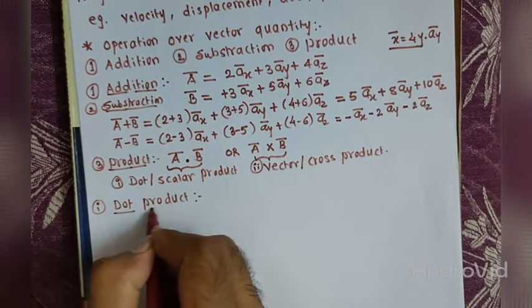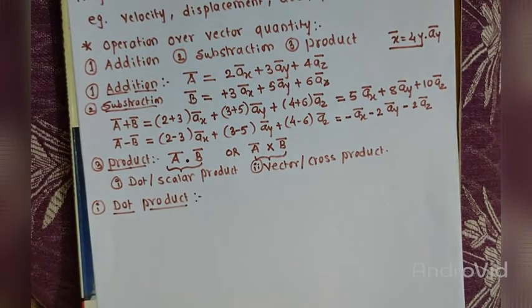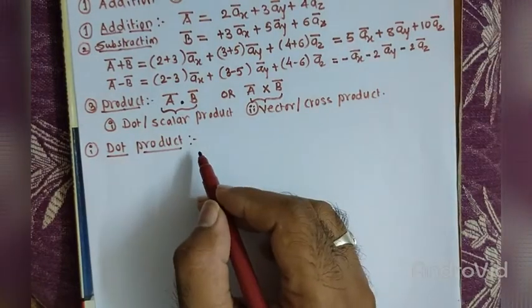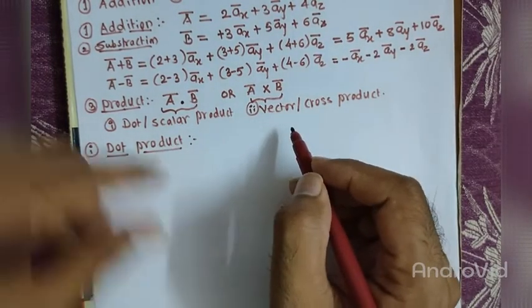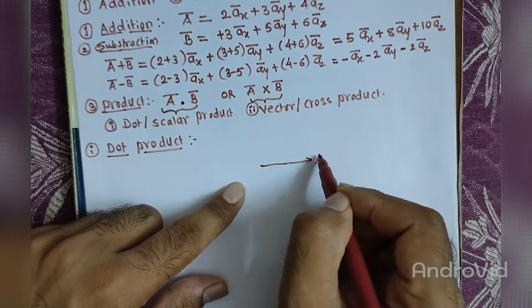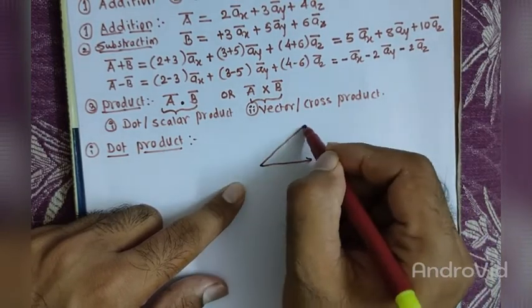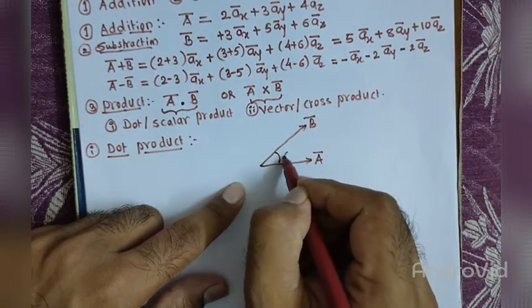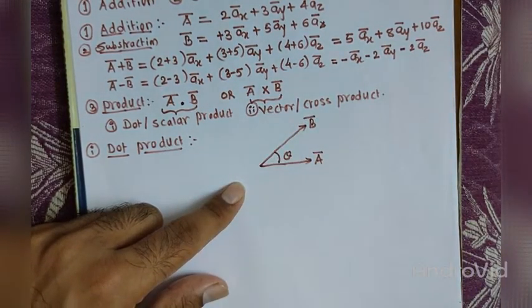Right? So what is the definition of dot product? Now first of all, to write the definition of dot product, let us consider, suppose we are having a vector, let's say a bar, and let's say we are having one more vector b bar. Let theta be the angle between these two vectors.